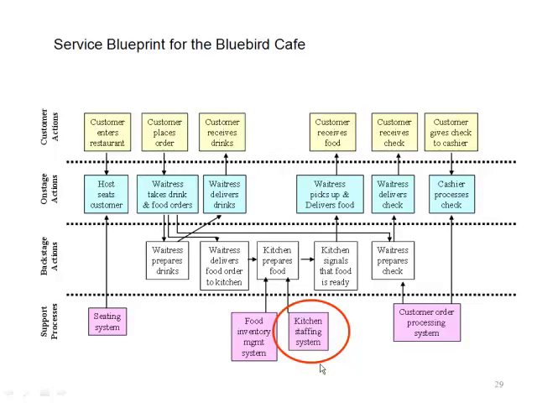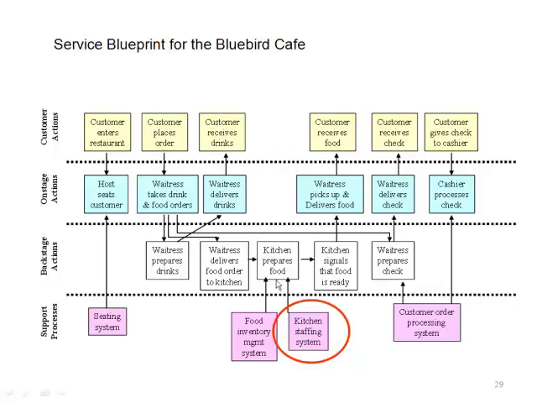Let's look at a more meaty example, the kitchen staffing system. If we don't think carefully in advance about what mix of skills are needed in the kitchen at certain times and how many personnel are needed in the kitchen, then when it comes time to prepare the food, we may not have the right number of people or the right skill set to do it.